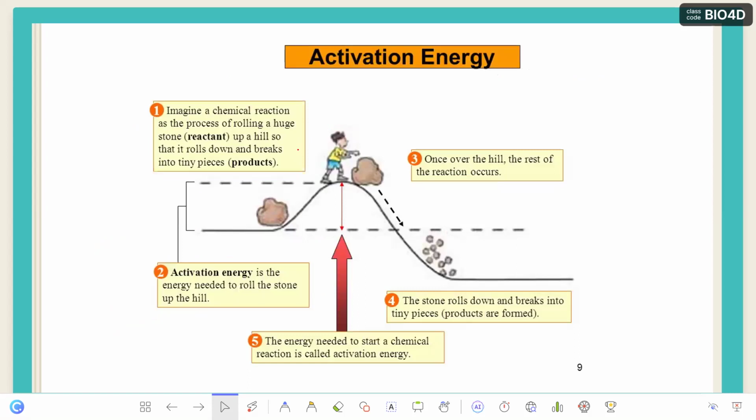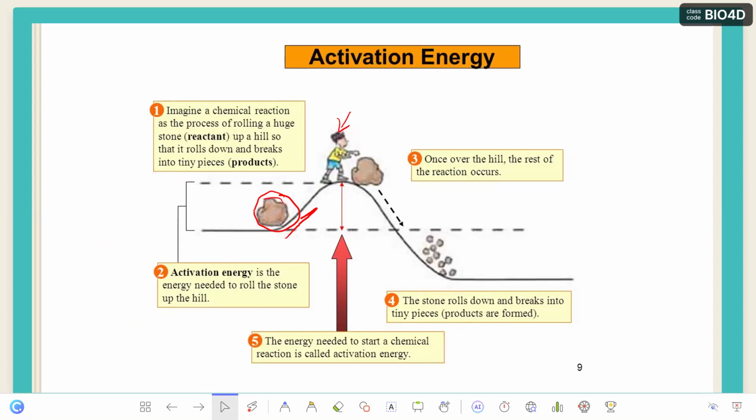Now for example, I give you another picture. Imagine this is you, and you have this rock here. In order for it to go downhill, you need to push it all the way up to the top. This is an analogy for a chemical reaction.